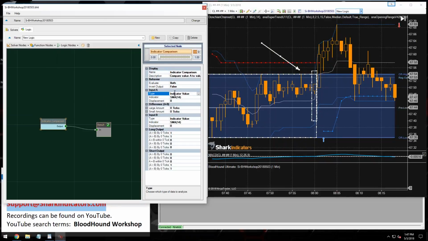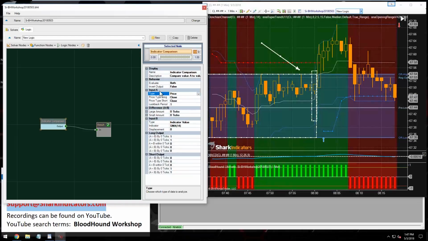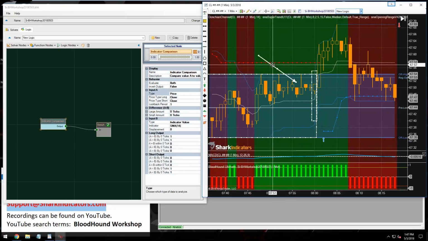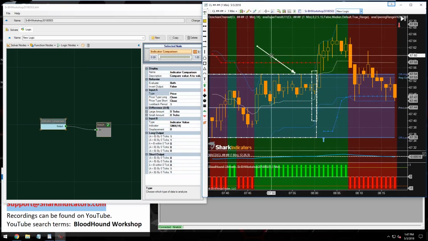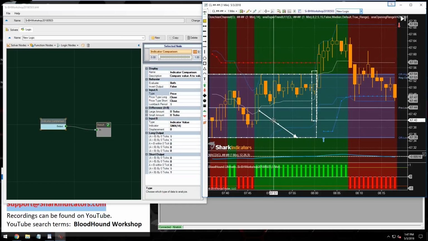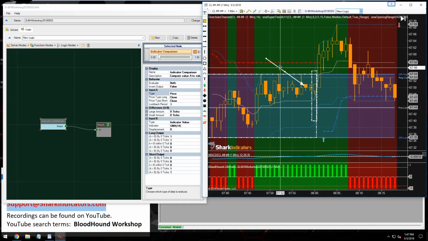All right, so what are we comparing here? We're looking at price to see: is price closer to the upper range, or closer to the lower range? Let's take a look at the high of the bar.